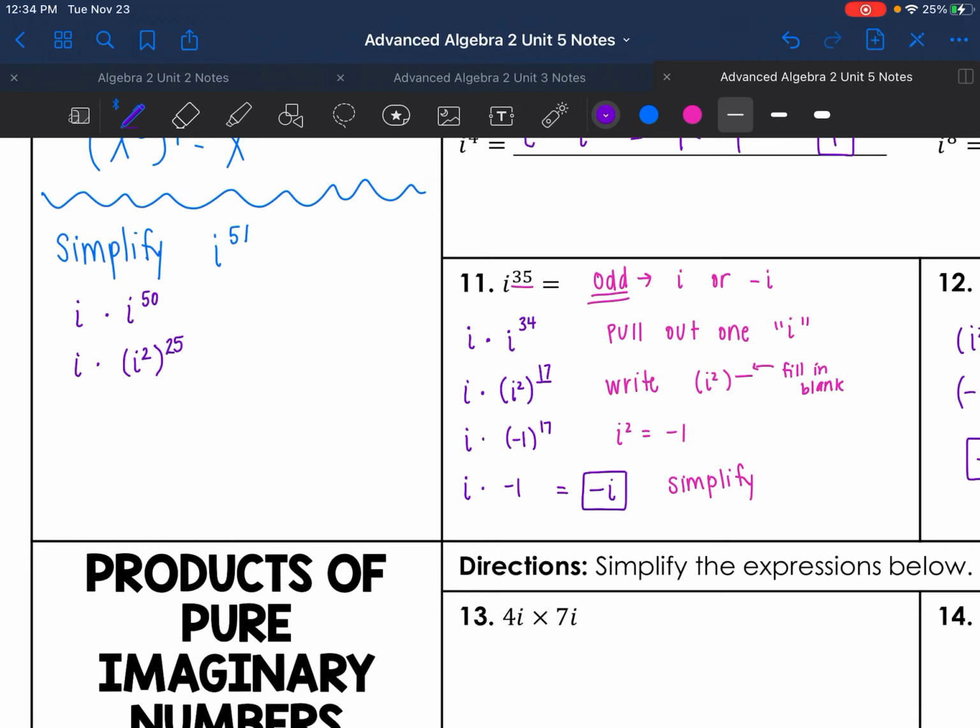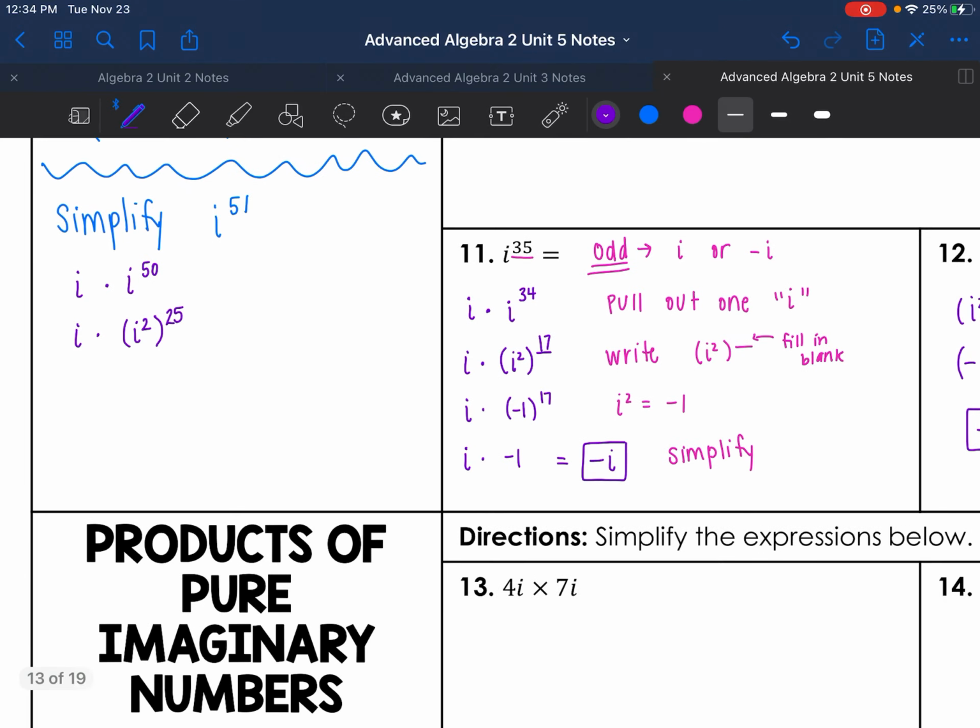So I'm using the tools that I know to get my final answer. So I squared, I don't need to write that again. Let's make that -1 to the 25th power. We get i times -1, which is -i.